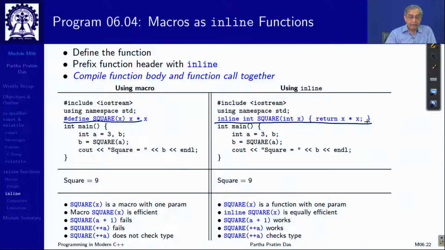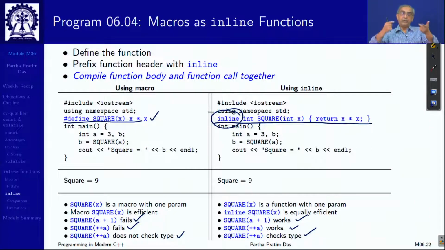So, if we do this, then here this will fail, this will fail, there is no type check, but here everything will work fine because it is a function. And because it is inline, it actually is not making the function call.